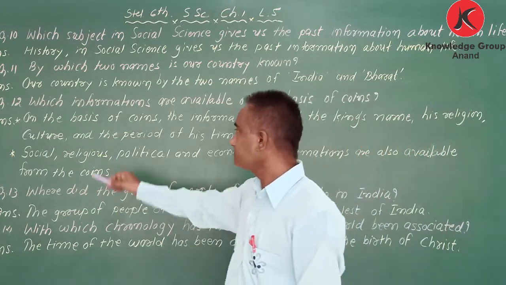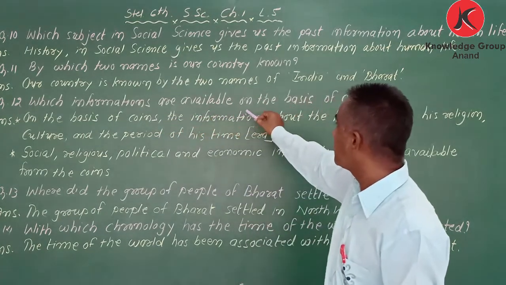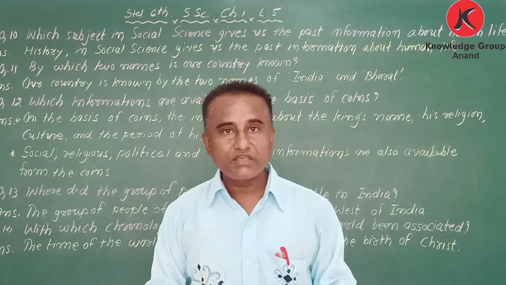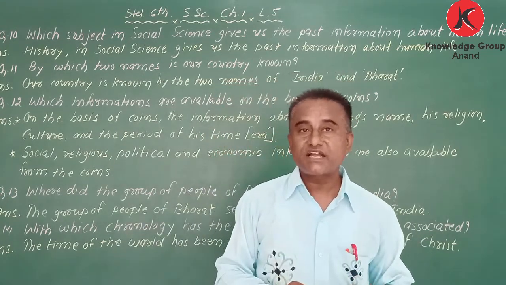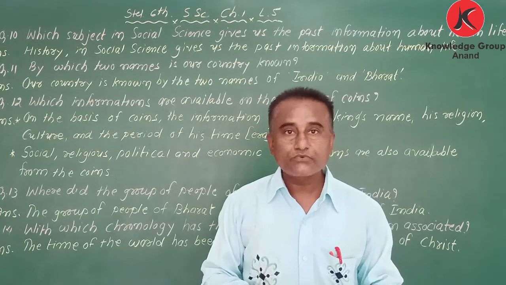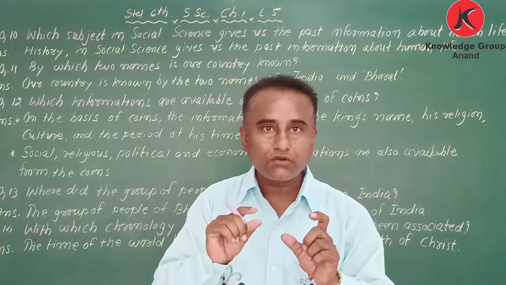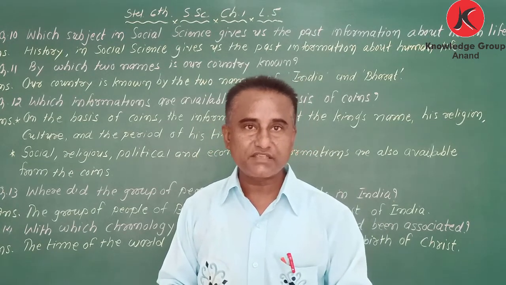Okay, next question. Which informations are available on the basis of coins? If you have a coin, which informations are there? In today's time, when you see a coin, you will find our emblem, the symbol of the Indian emblem.